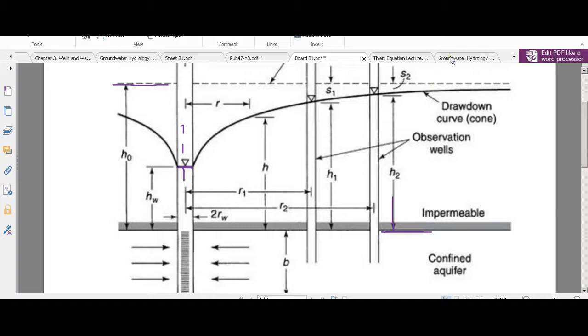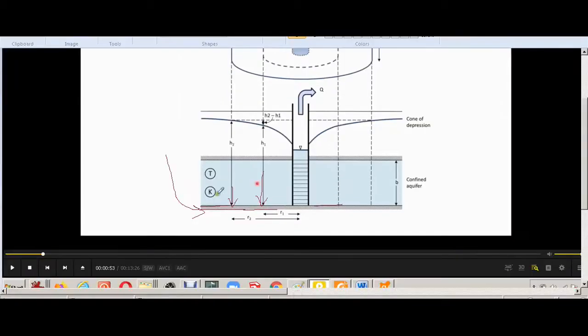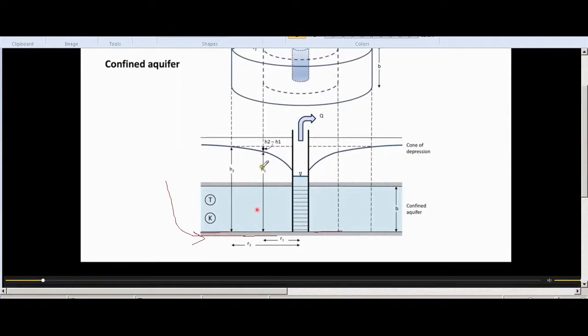Now let's consider this equation again. We can consider this case, and this is h1, the height measured from the top layer of this bottom surface, starting from here to here, at a distance of r1.